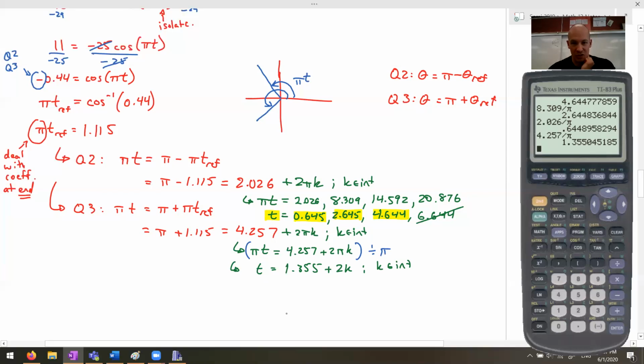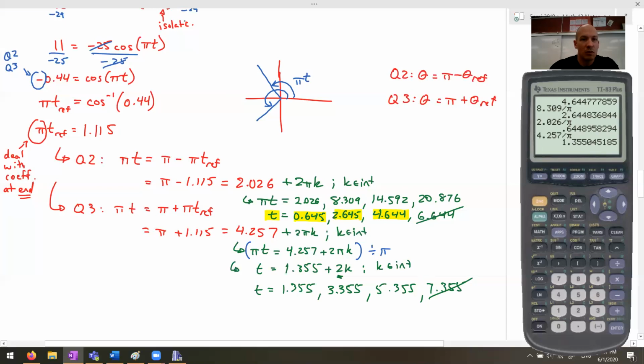The reason why this is so much easier is now I can see that my solutions will be 1.355, and then I'm going to add an integer number of times. So I'm going to have 3.355, 5.355, 7.355. Okay, so that's a little smarter and a little easier.